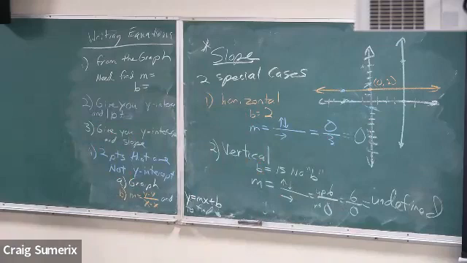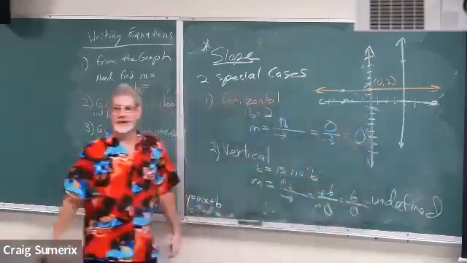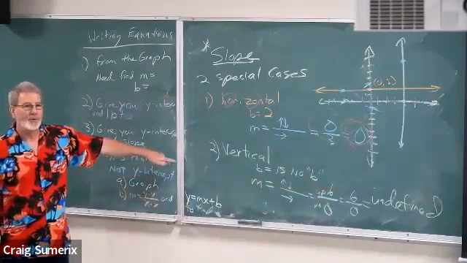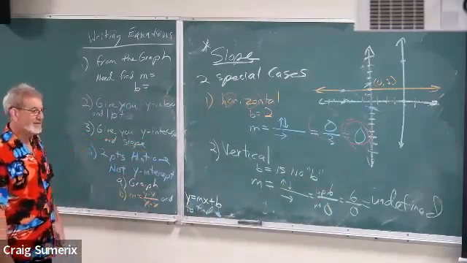Okay. Horizontal has an O. An O looks like a 0. Bingo! That's one somebody pointed out to me before. Horizontal has the O's in it. Is there any O's in vertical? No.